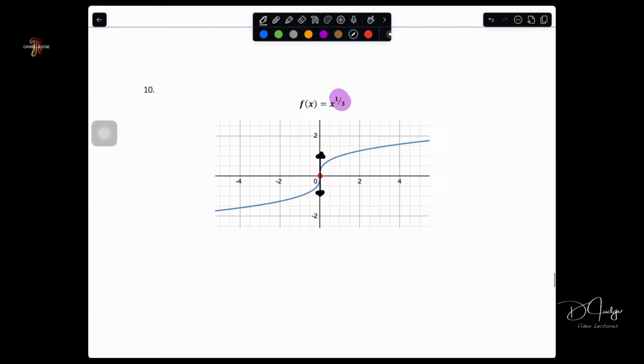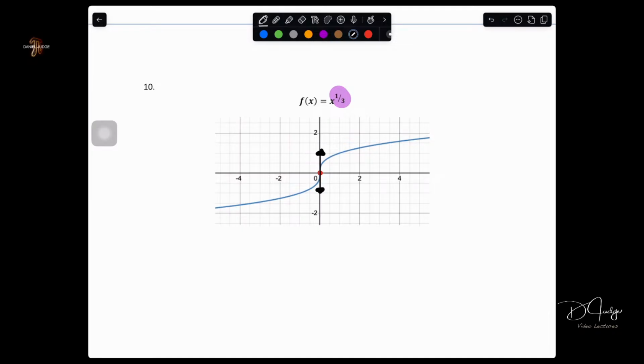And so our functions are not differentiable at vertical tangents. That happens at the origin again, at x is 0. You got a vertical tangent here. So we can say f is not differentiable at that location.